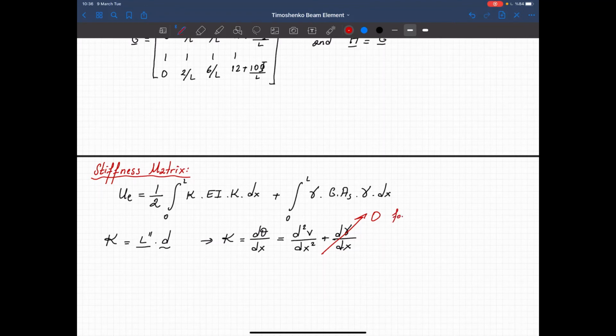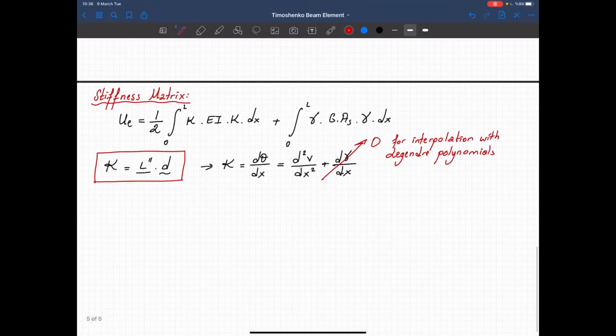This is for interpolation with Legendre polynomials. So this part of the equation remains the same. It doesn't change. It's the same as the Bernoulli Euler beam.